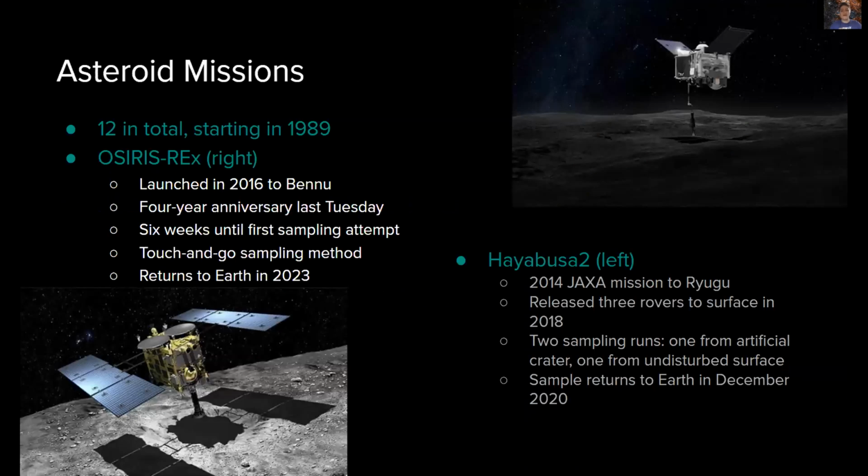Sweet. So where are we now in this process of this crazy super sci-fi future thing of mining asteroids? These are the two most recent missions that we Earthlings have sent to asteroids. OSIRIS-REx is the most recent. It launched in 2016. It's going to an asteroid called Bennu in the asteroid belt. And the 4-year anniversary of it launching was last Tuesday, actually, which was super cool.